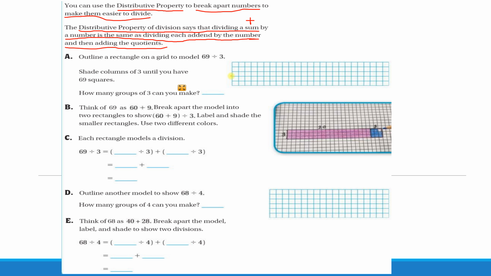Okay, so columns of 3. So I count 1, 2, 3. So these are the columns I'm going to be doing. And if I shade these 3, that's 3, and I need to keep shading till I get to 69, it says. So 3, another 3 would be 6, another 3 would be 9, another 3 would be 12, another 3 would be 15, another 3 would be 18.